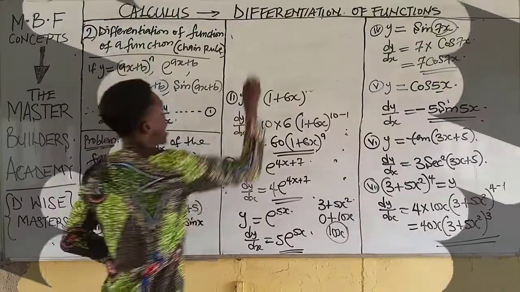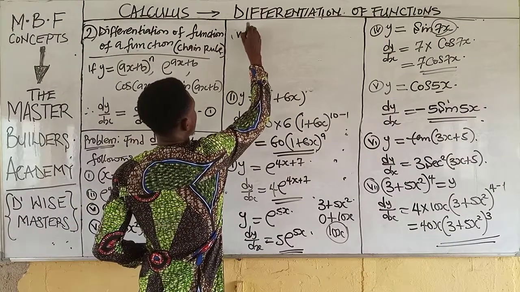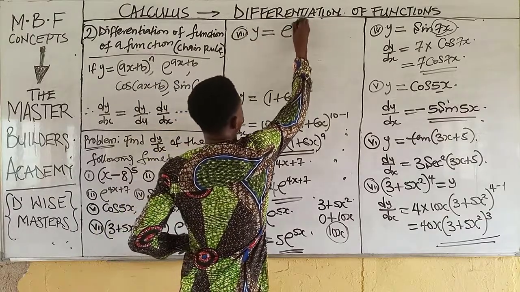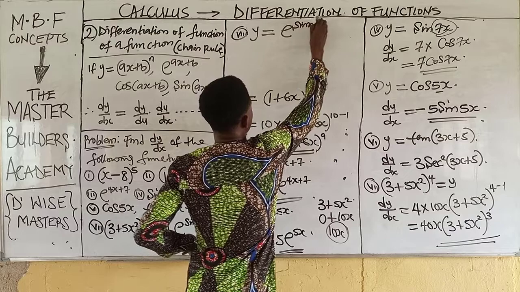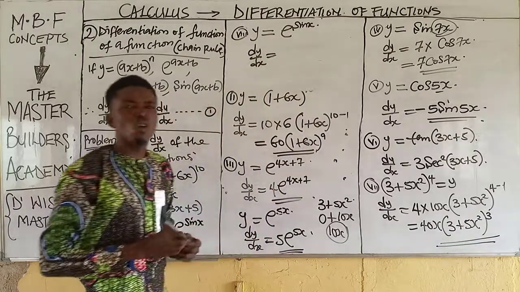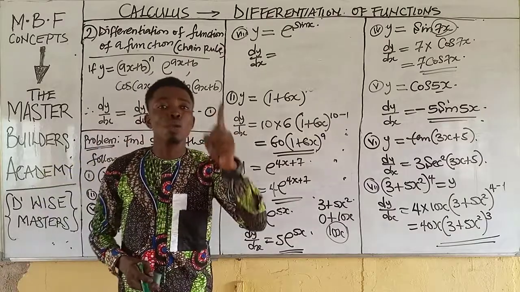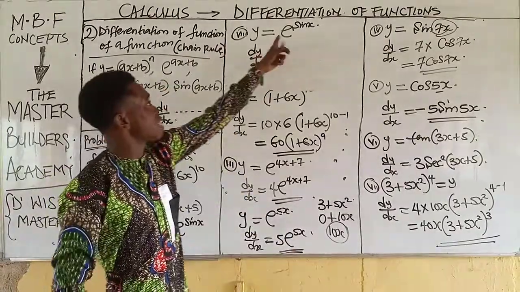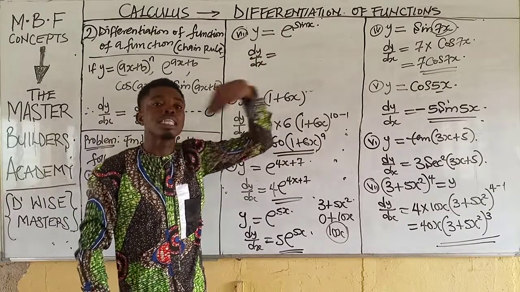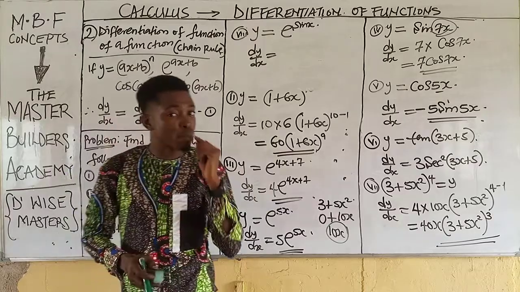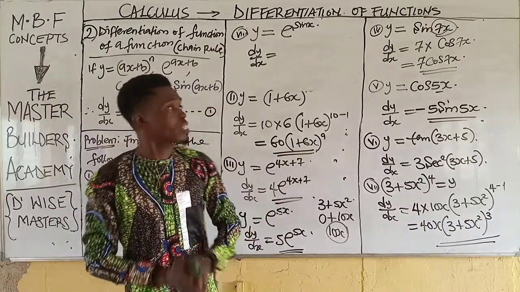For question number 8, we have y is equal to exponential sine x. We want dy over dx. Don't forget, in this case, we always have one function of x. So first, I identify that this is an exponential function. The next is, what is the power of the exponential function? That power must be a function of x, just as we have it now.